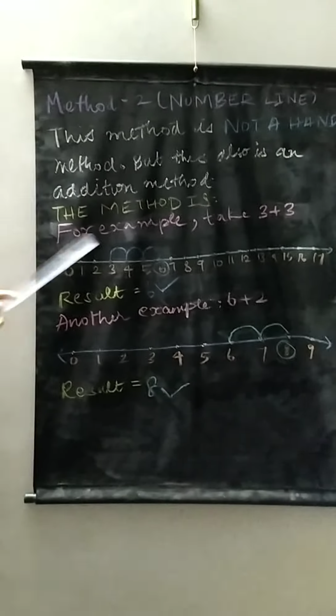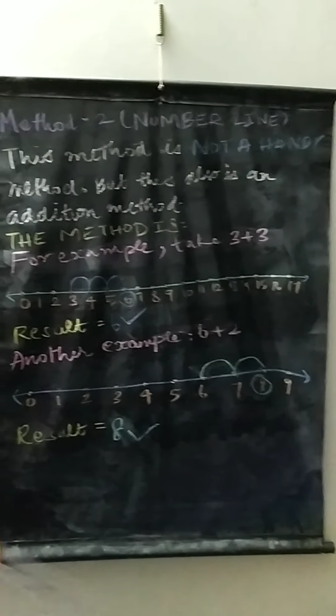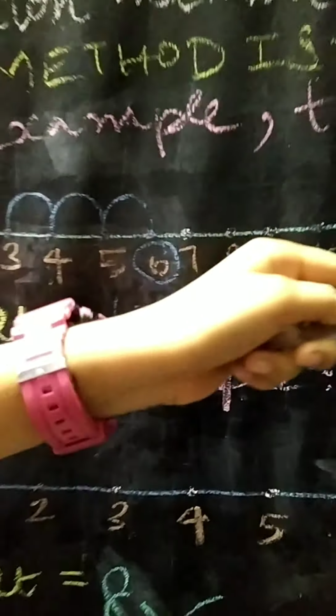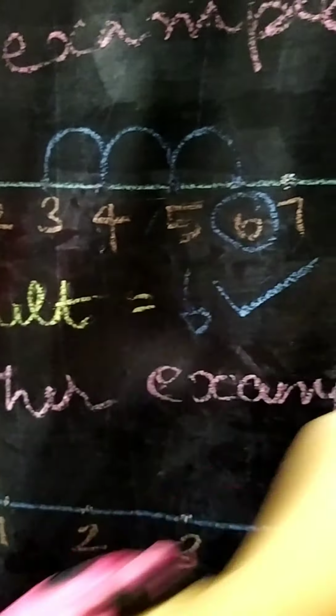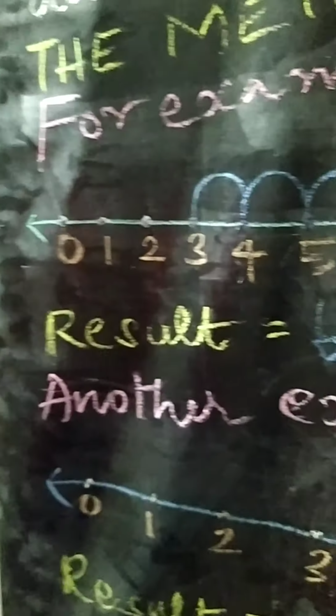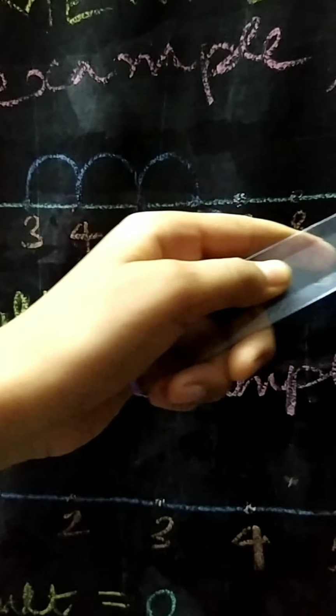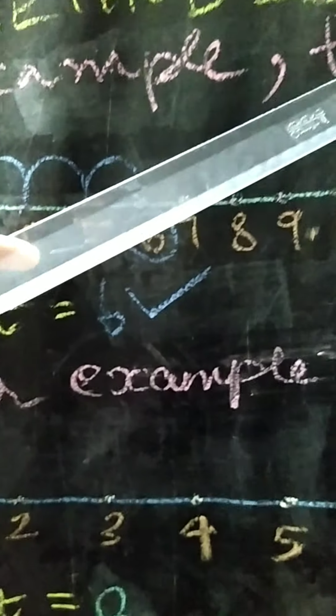Now I hope you have understood both the methods. I'll explain this again. You have 3 chocolates with you and someone gives you 3 chocolates extra. You draw one long line with 2 arrows at the end to indicate that there are many more numbers. Okay? Now the given number is 3.